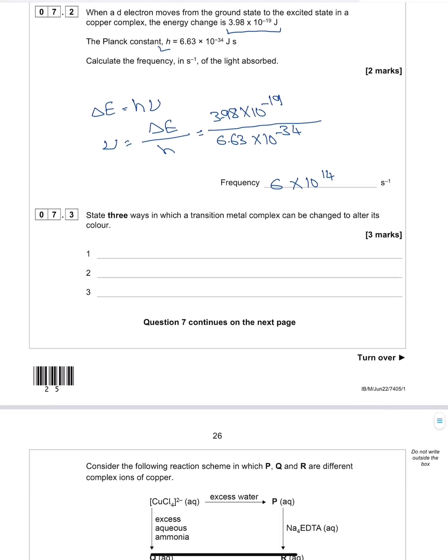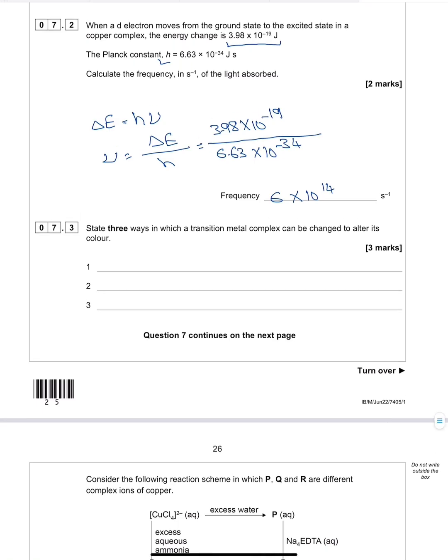State three ways in which transition metal complexes can be changed to alter its color. There are three things that you can change that would change the color of the transition metal complex. The first one is a change in the oxidation state of the metal.